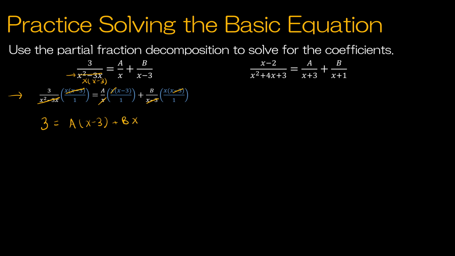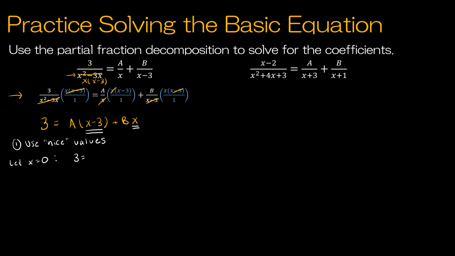Here is where I have a choice to make. Choice 1 is to use nice values. So nice values include zeros, anything that would make a factor equal to 0. And so in this case, I'm going to let x equal 0, because if I let x equal 0, you're going to see, and again, how do I know 0?